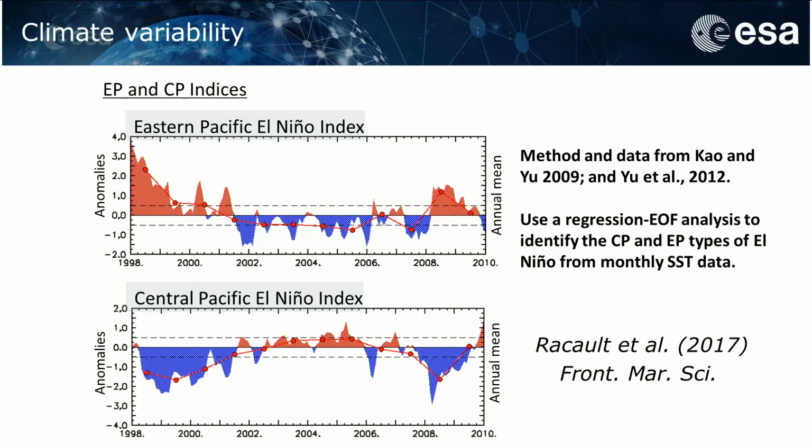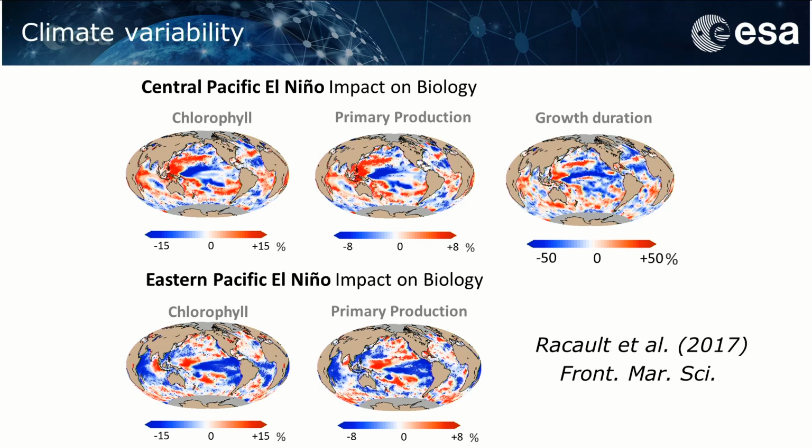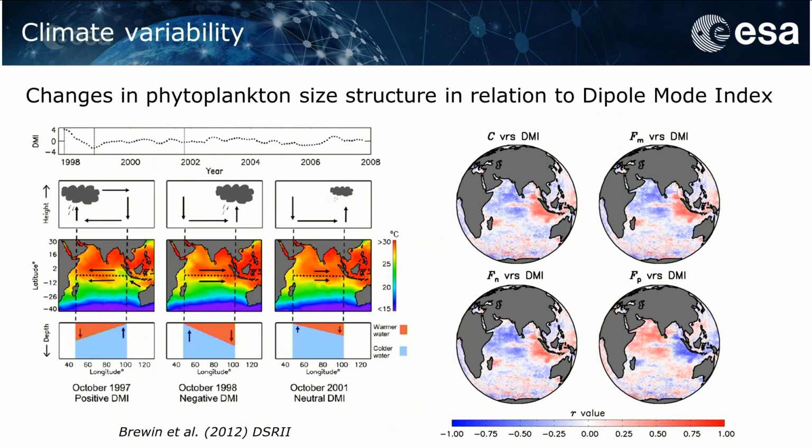Marie-Fanny Racault, as part of her ESA postdoc, has also been looking at different types of El Niño. You have the Eastern Pacific El Niño and the Central Pacific El Niño, and these have different impacts on chlorophyll and primary productivity, and also the phenology parameters we talked about, growth duration in this case. I've done some work with others looking at the Indian Ocean Dipole.